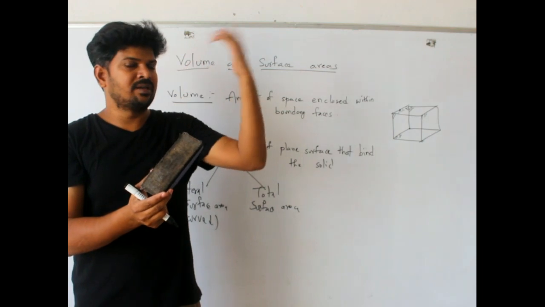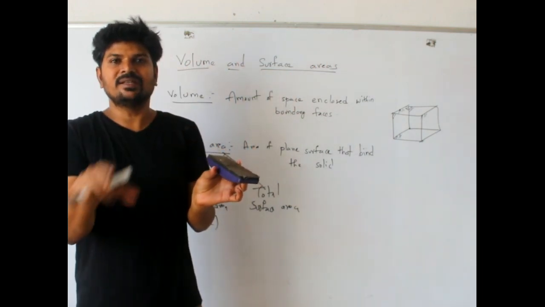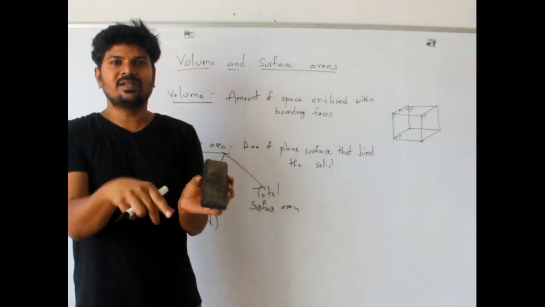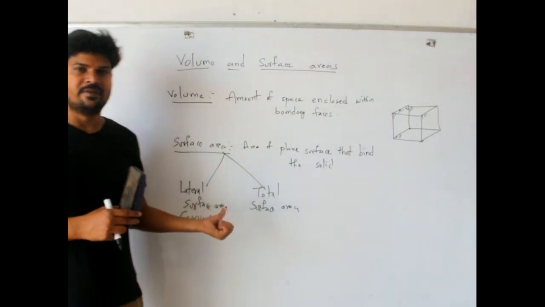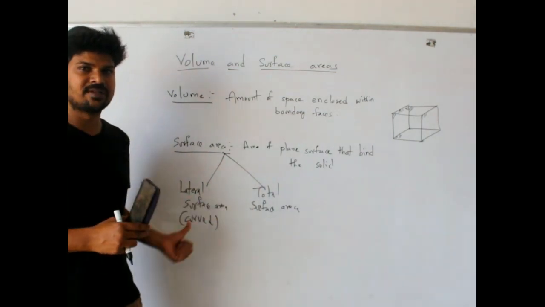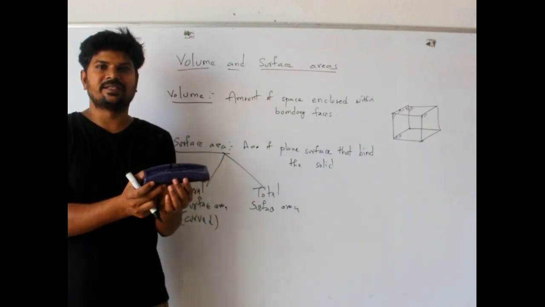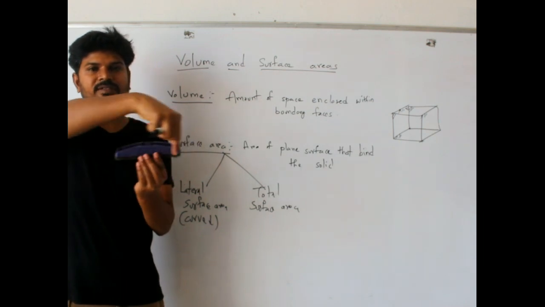It's like in 2D geometry, perimeter. In 3D, that perimeter becomes area, and the area in 2D becomes volume. Understood? Now surface area can be divided into two parts: lateral surface area and total surface area. If you have an object like this, it will have a curved surface.